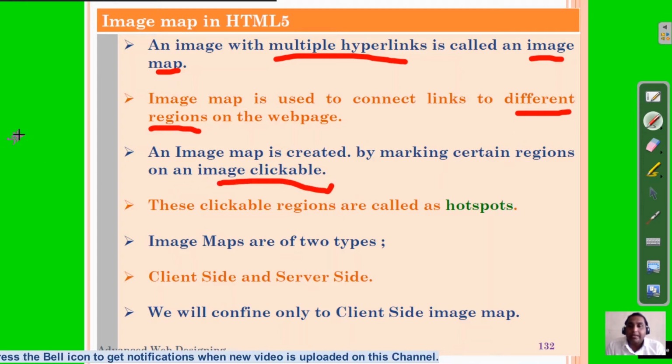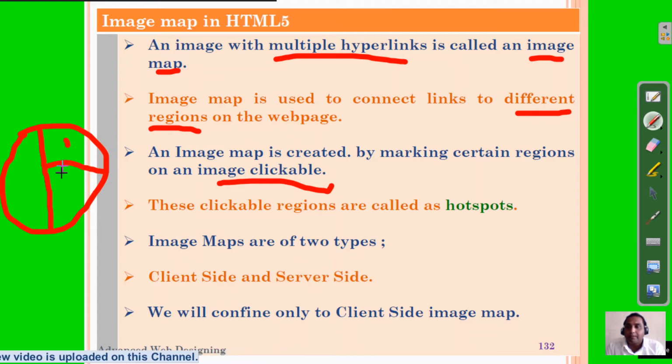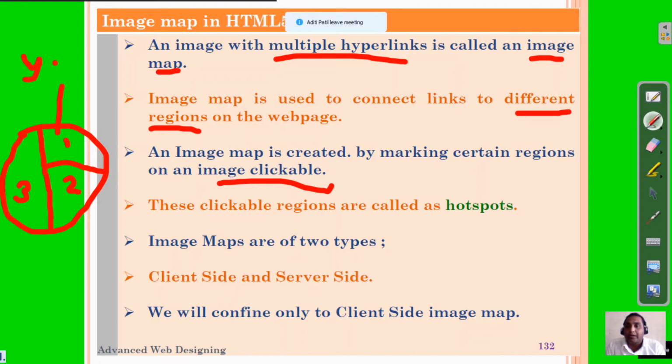That means there is an image. Let's suppose this is an image. You break up this image into three parts: one, second, and third. When I click on this region, Yahoo will get open.